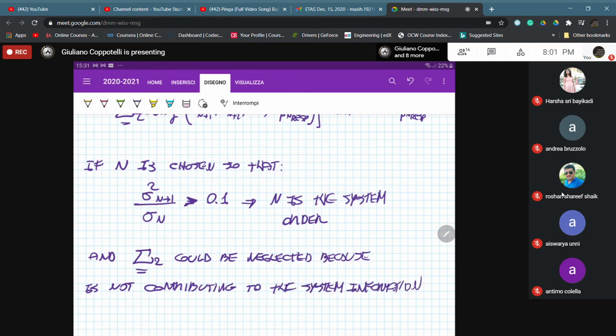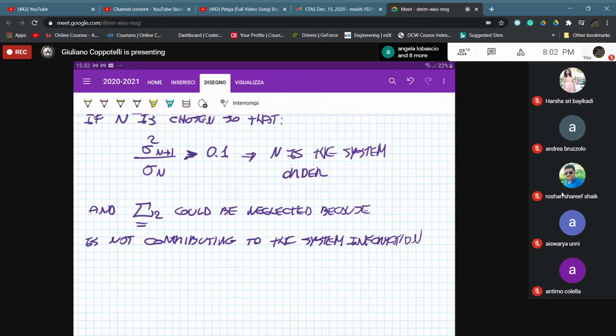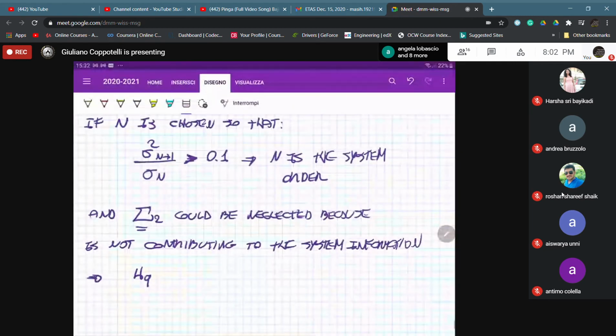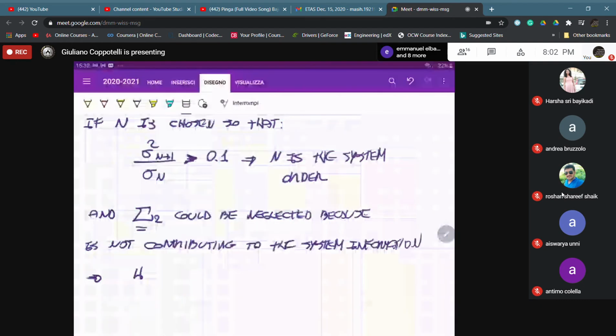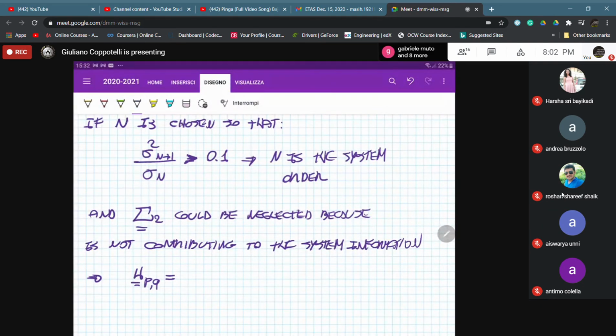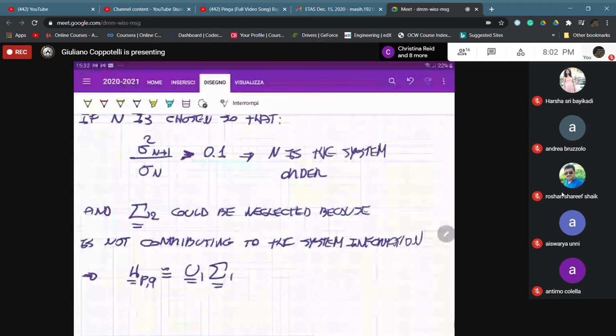That's because the singular values are very, very low if compared to the first ones. And therefore, at the very end, what we can say is that the Hankel matrix of order P and Q could be rewritten as U1, the most important singular vectors, times Sigma 1, the diagonal matrix of the most important singular values, times V1 transpose matrix.